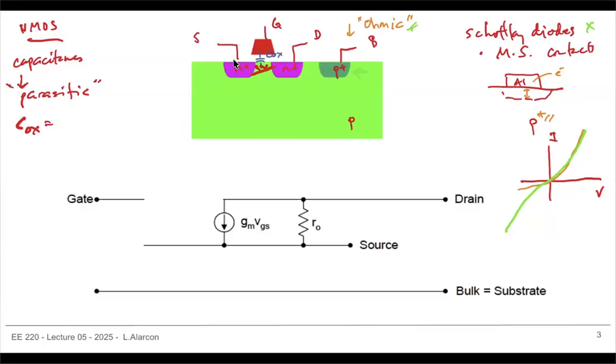So that thing again is going to be the permittivity times the area of the gate, right? So the width and length, and this is the permittivity of the oxide over the thickness of the oxide. Right? So it's a parallel plate capacitor, and it depends on obviously the area of the channel, the area of the gate.